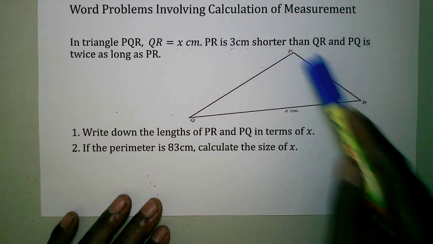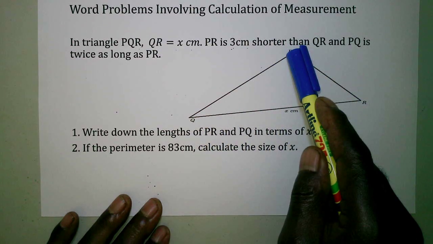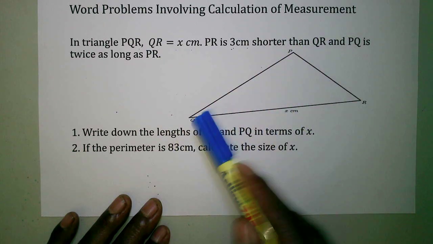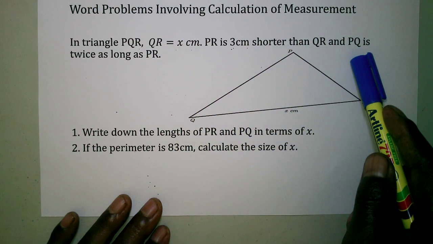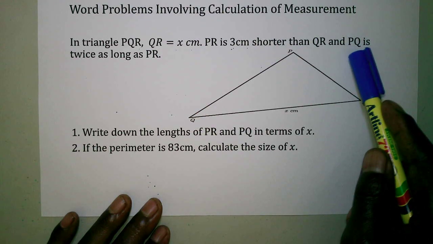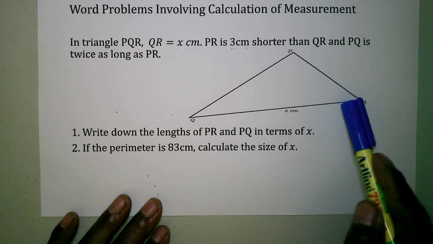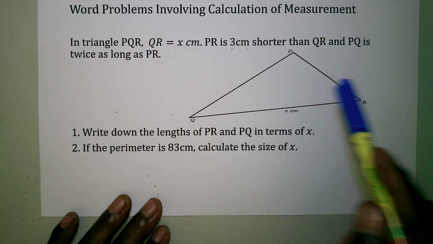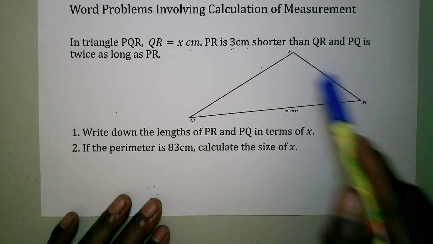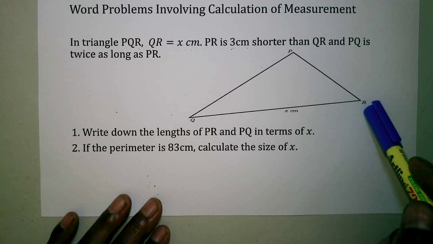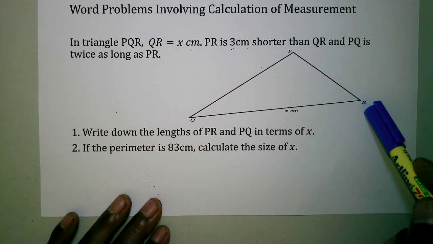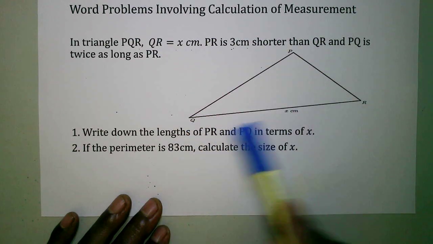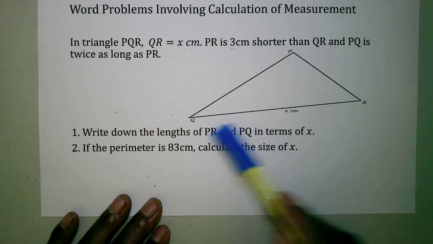PR is shorter than QR, and PQ is twice as long as PR. PQ is twice PR. And remember, we've said let QR be x.